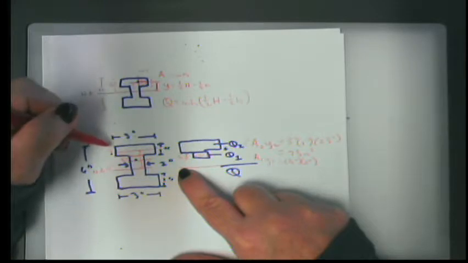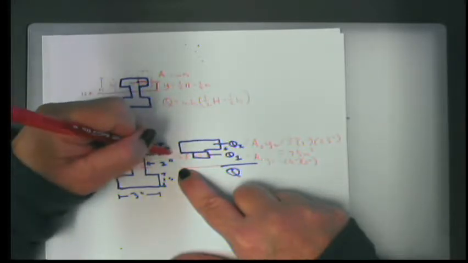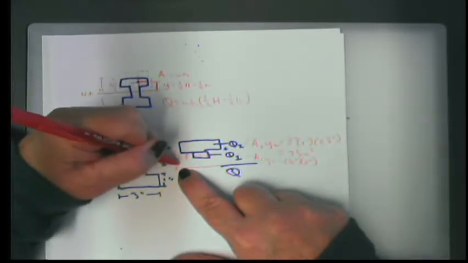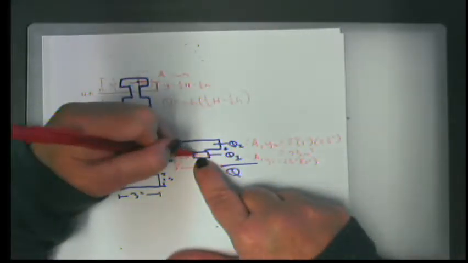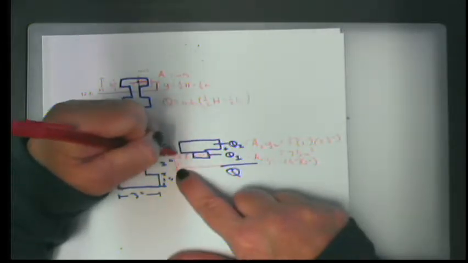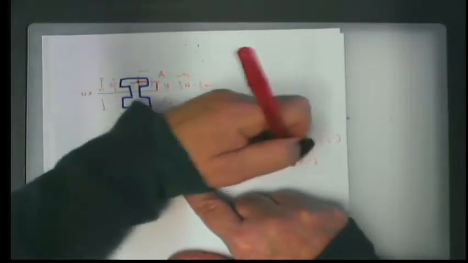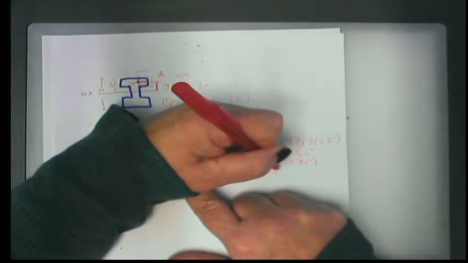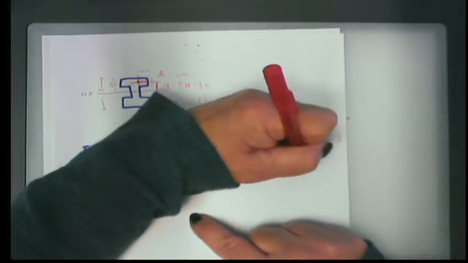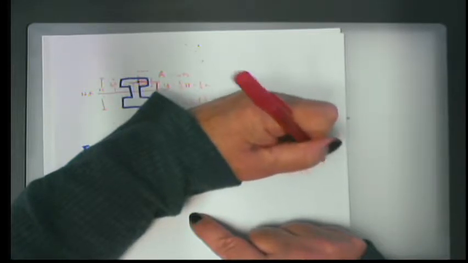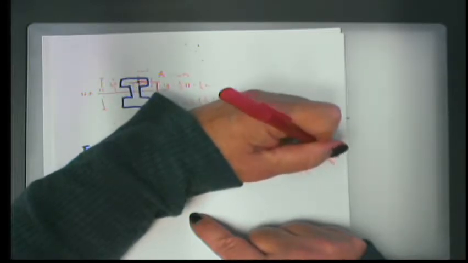And since this is 1 inch wide, we know that the distance from here to here is 2 inches. We also know that this is a 1/2 inch, which means its centroid is right at the middle, or 1/4 inch down. So that means that we are 2 inches minus 1/4 inch, which is 1 3/4 inches. So this is 1 3/4 inches.